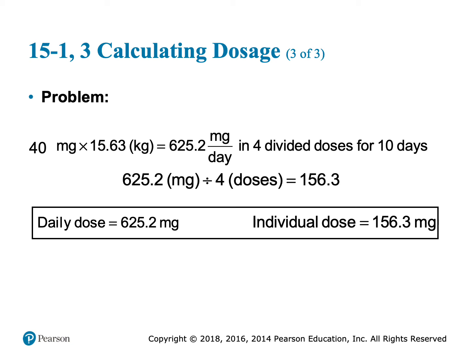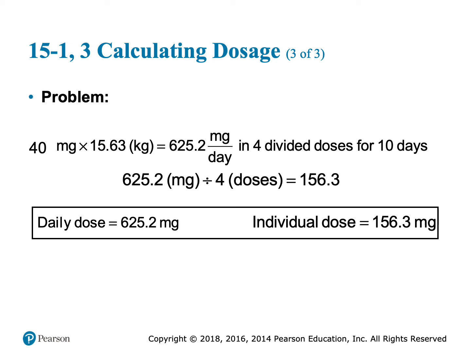When we do that, we get our daily dose of 625.2 milligrams per day. That's the daily dose, and it says that it's to be divided into 4 doses. So what is the individual dose? To get that, we take our daily dose, 625.2 milligrams, and simply divide that by 4.